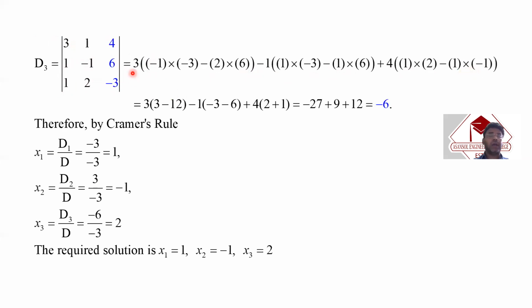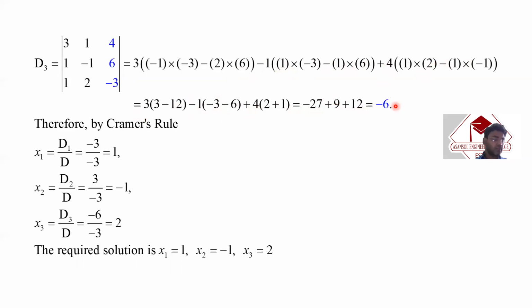After simplification you have 3 into minus 3, from here 12 minus 1 is here, 1 into minus 3 minus 3, from here minus 6 plus 4 into 2 minus 1. After simplification you have minus 27 plus 9 plus 12, ultimately you have minus 6.